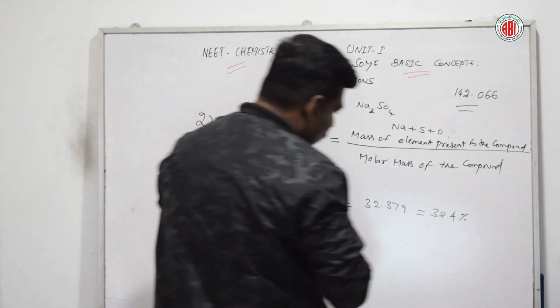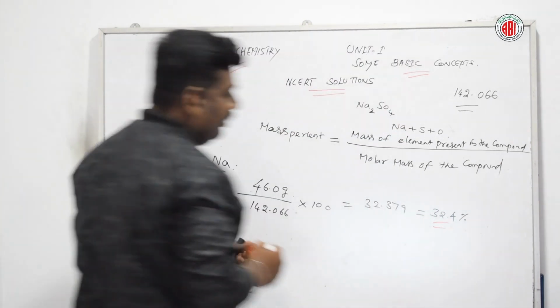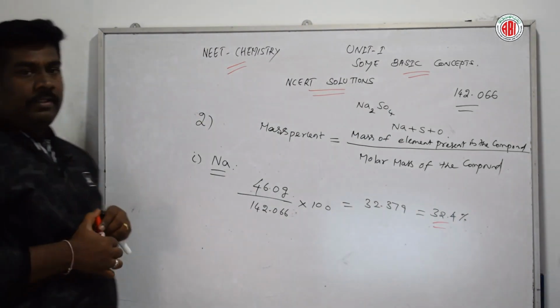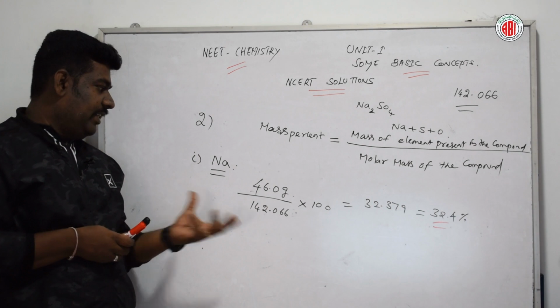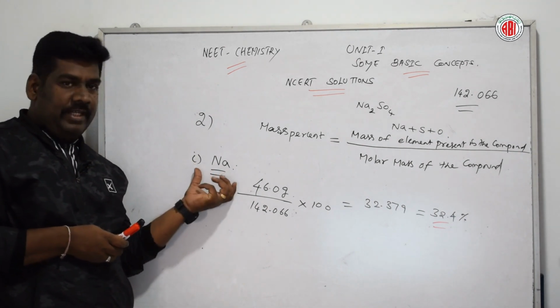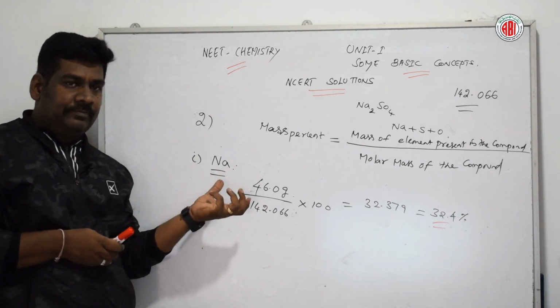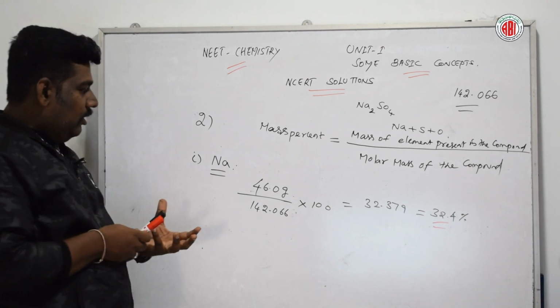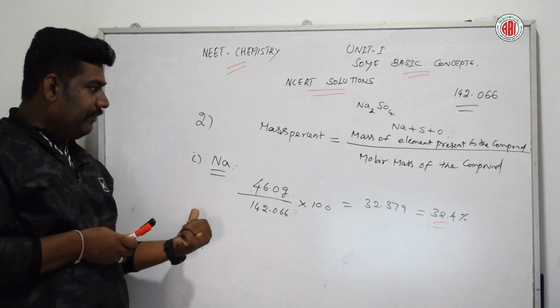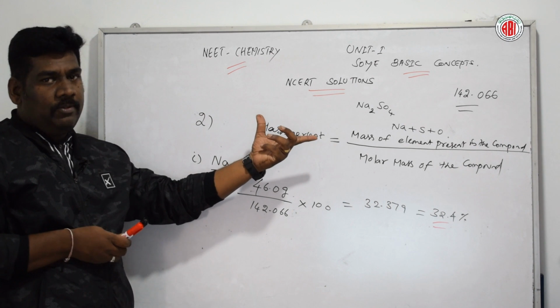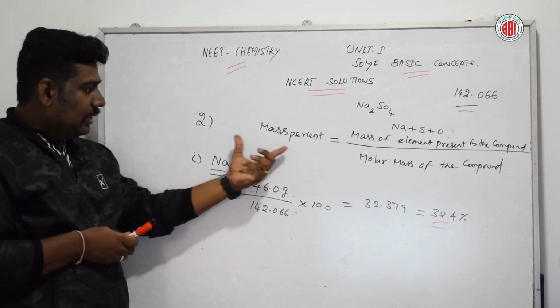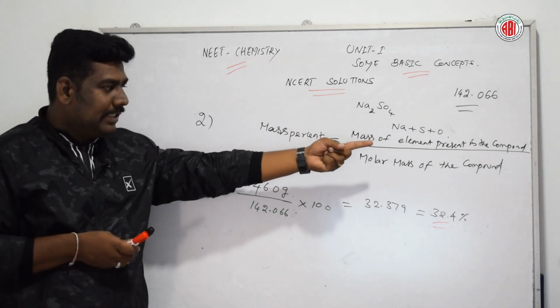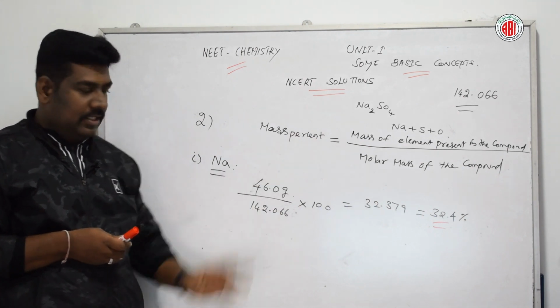This is sodium. Very simple. First we find the sodium mass percent. So for the compound sodium sulfate, the mass percent formula is the mass of the element present in the compound by the molar mass of the compound.